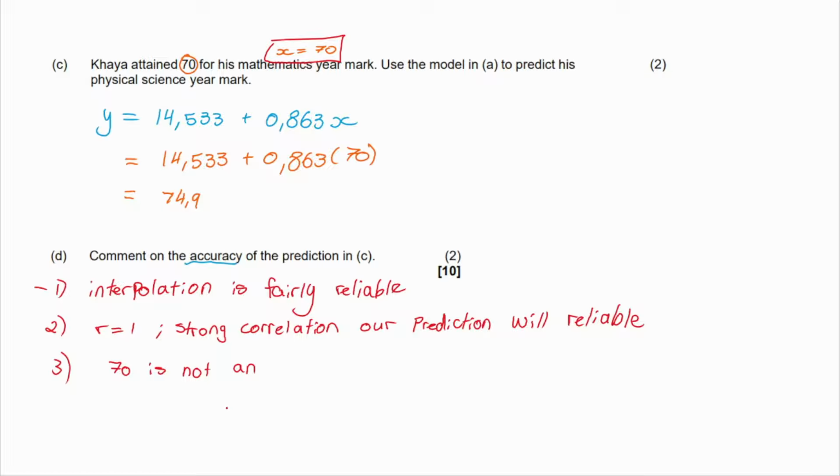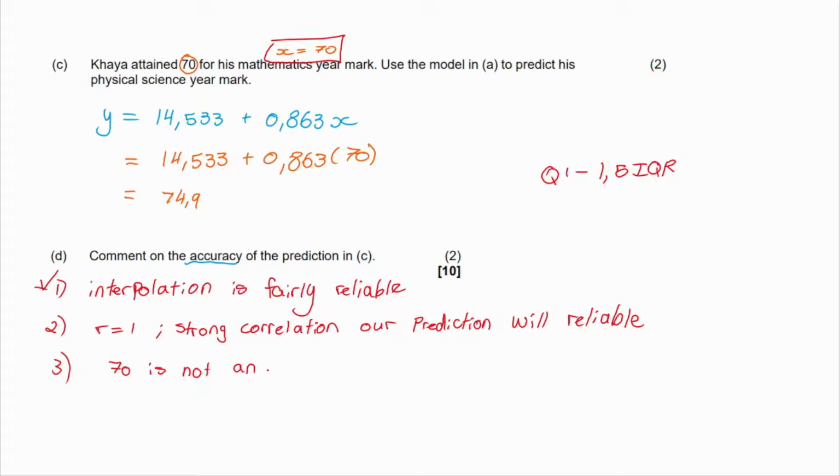So how would they know it's not an outlier? Normally when we do outliers, we do 1,5 times the interquartile range, right? We do Q1 minus this and Q3 plus. I'm just going to write this for you. I would suggest the first one, to be honest: interpolation, fairly reliable.